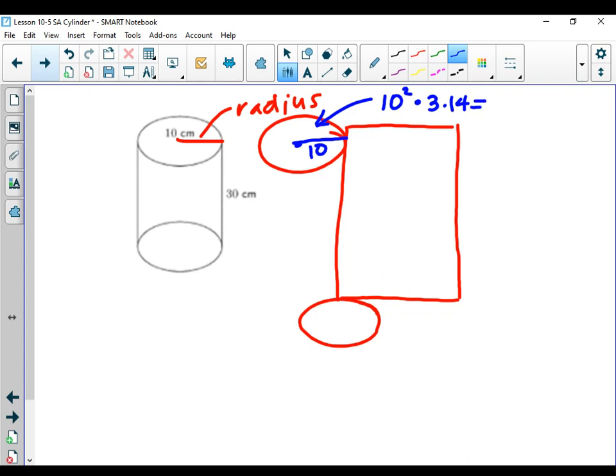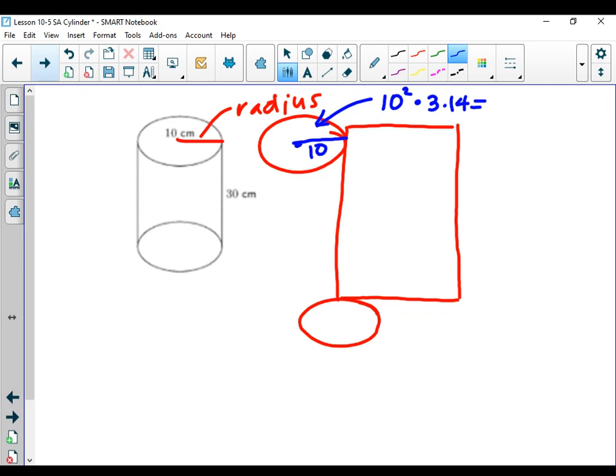So if I needed to type something, I could type 10 times 10, 100 times 3.14. Notice how I didn't even touch a calculator to start with. Because we were drawing the picture, we were labeling some parts, we were setting it up. Don't you just add two zeros?